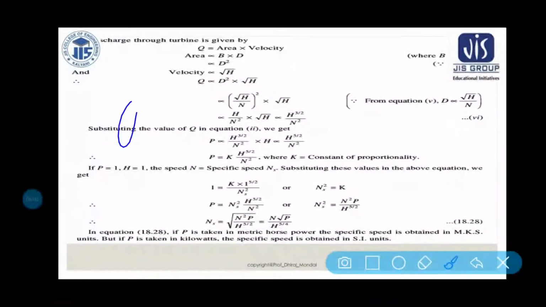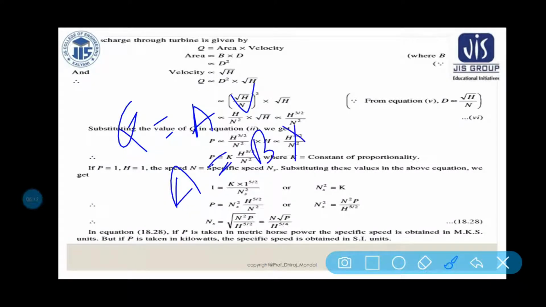If q is equal to area into velocity, and area is what? Area is equal to pi by 4 d square, we know, or area is proportional to b into d, because if you are considering a reaction turbine, then your area is what?